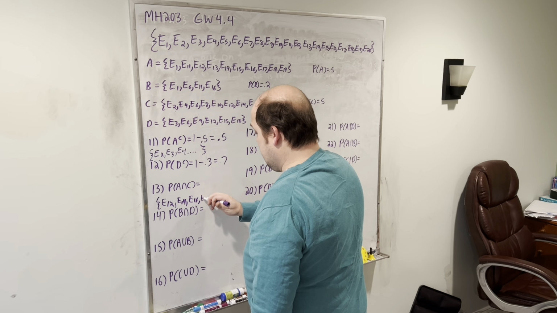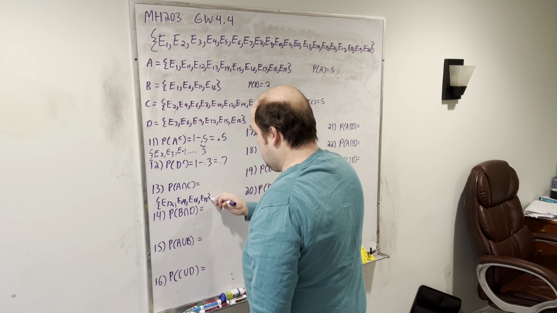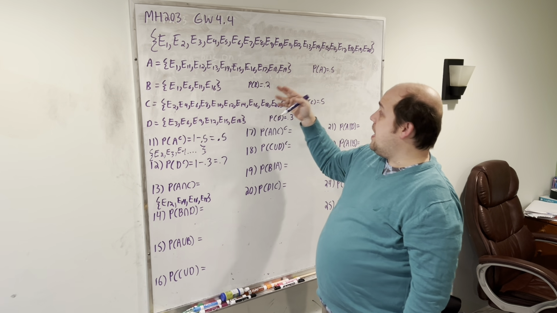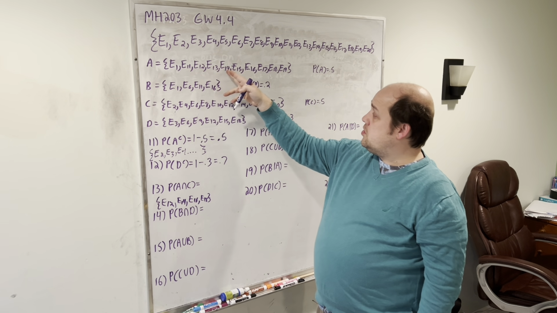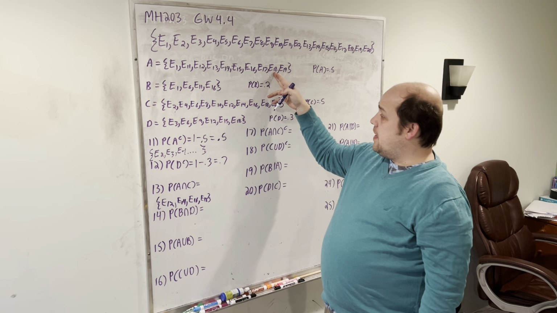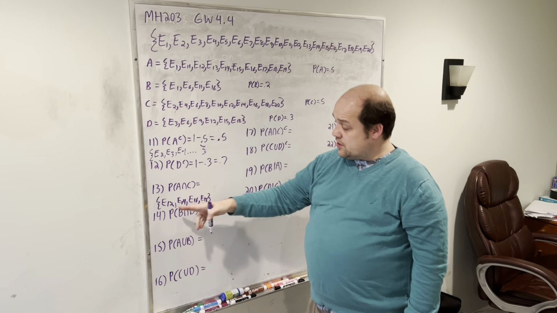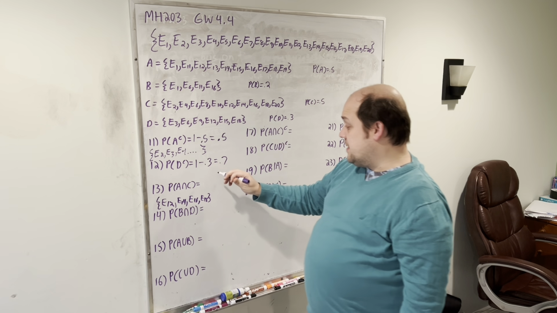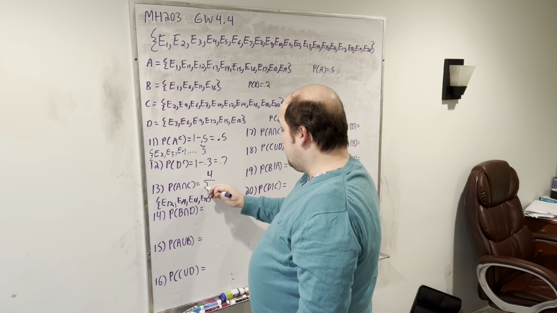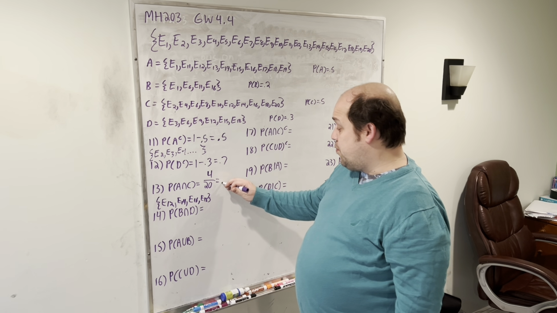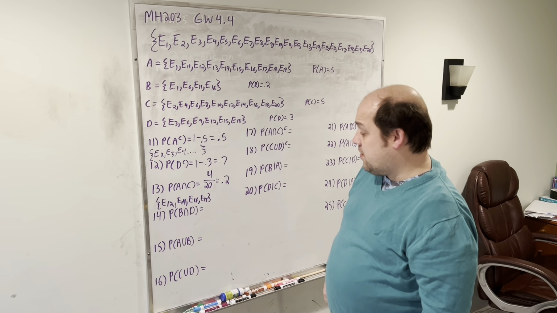E17's not, but E18 is. E19's not, so as we read across everything that was in A, we found a total of 1, 2, 3, 4 things that also appeared in C. That means their intersection has 4 events in it. Out of the 20 total, 4 out of 20 is 1/5, or 0.2 when I put it in my calculator.